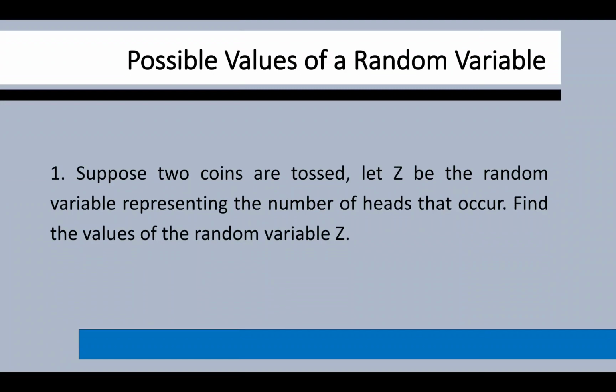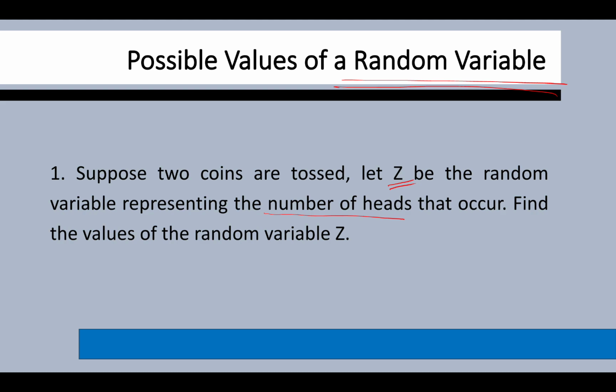Suppose 2 coins are tossed. Kailangan meron tayong capital letter. Yung capital letter na to, it represents our random variable. Let our random variable Z be the number of heads. Pinibilang mo yan, ibig sabihin possible values yan. Counted yan. So, discrete yan.